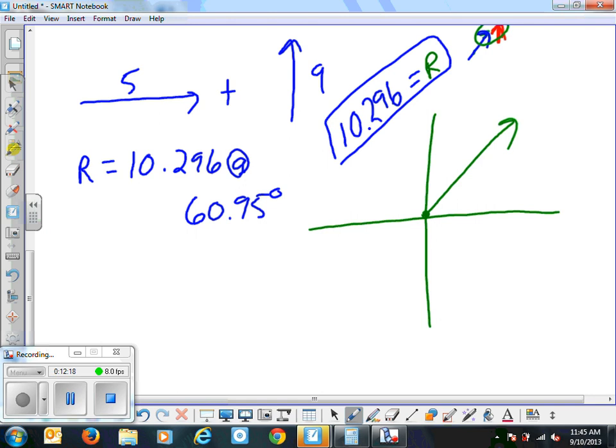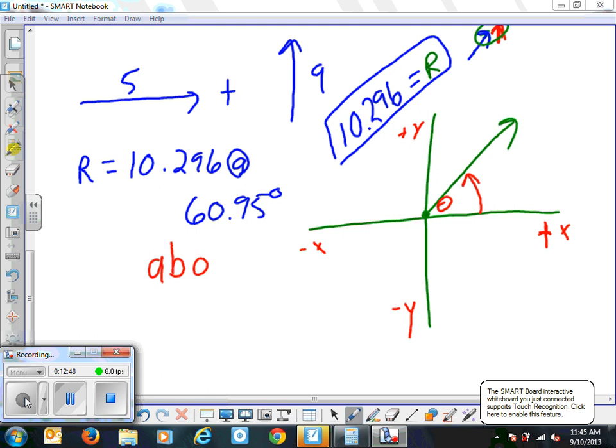Now, if you look at these, this would be the negative y, this would be the positive y, this would be the negative x, and the positive x. Does that make sense? So, if this here is the angle that we named, then we say that it's 60.95 above positive x.